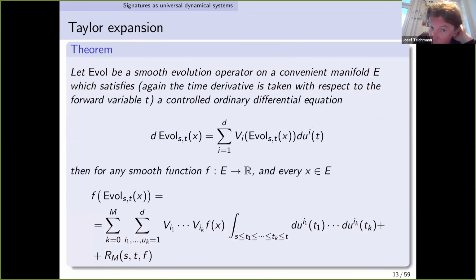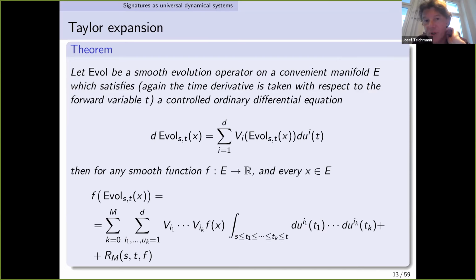Now, we look for this controlled ordinary differential equation. We would like to construct a universal object. And what I need here is actually the first order calculus condition. So take the controlled ordinary differential equation, plug in the solution of the equation, which we assume always to exist. So the vector fields are assumed to be smooth and, let's say, globally Lipschitz.